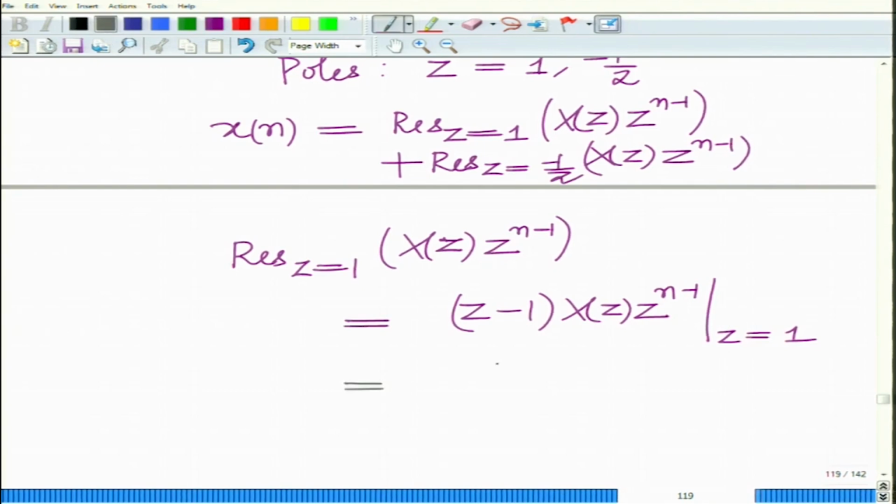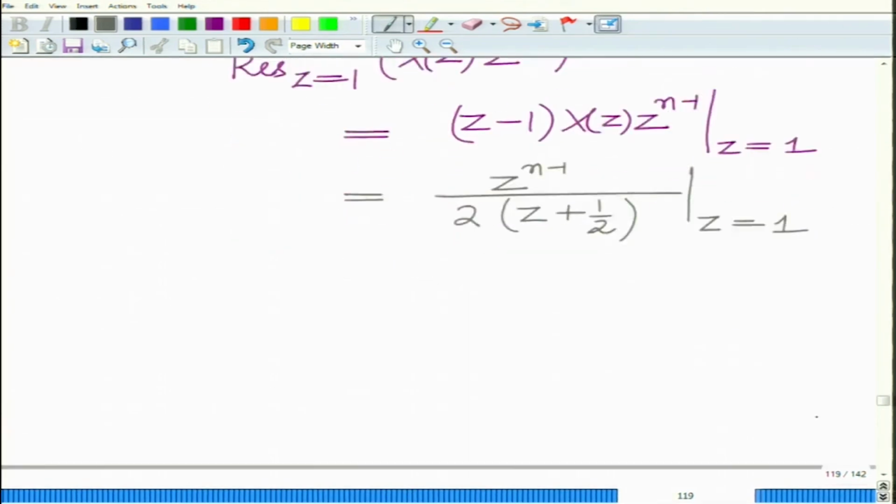This is equal to z raised to n minus 1 over (2z plus half) evaluated at z equal to 1, and this is equal to, z raised to n minus 1, that is simply 1 divided by 2 into 1 plus half, that is 3 over 2, which is equal to basically 1 over 3. Okay.